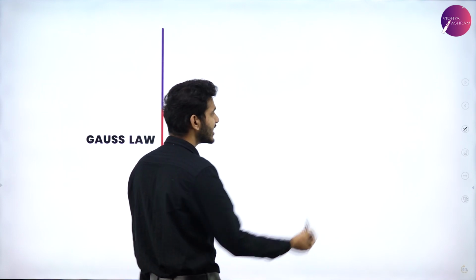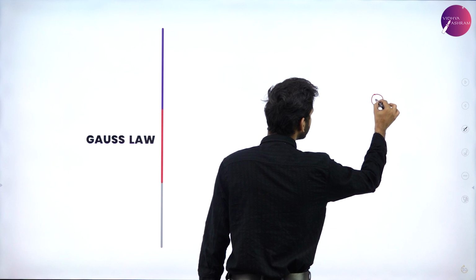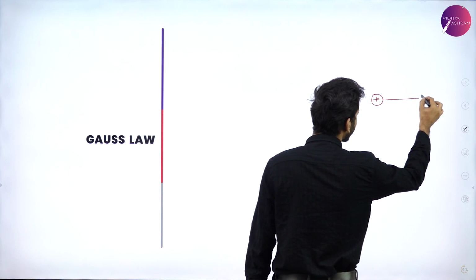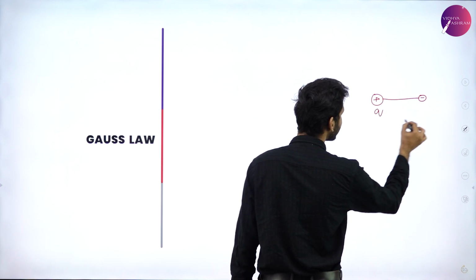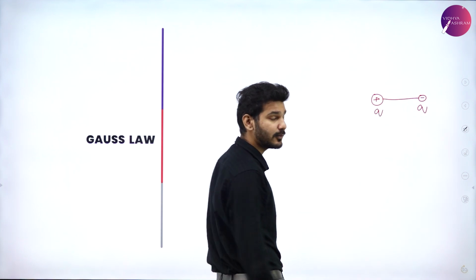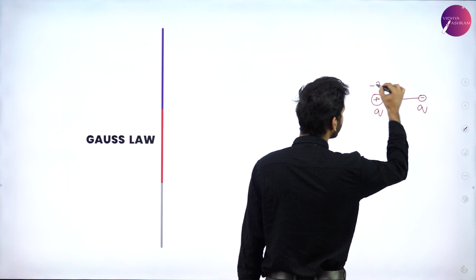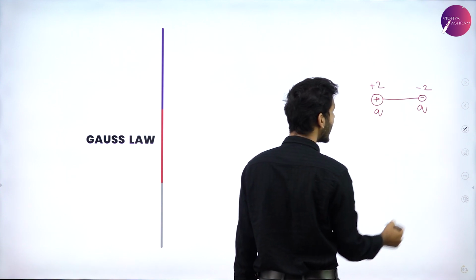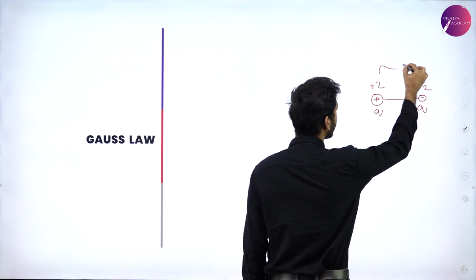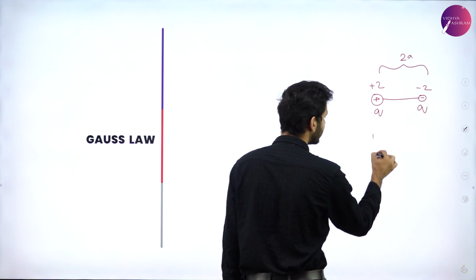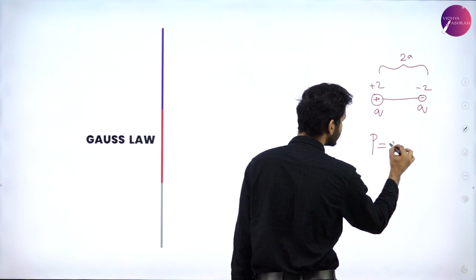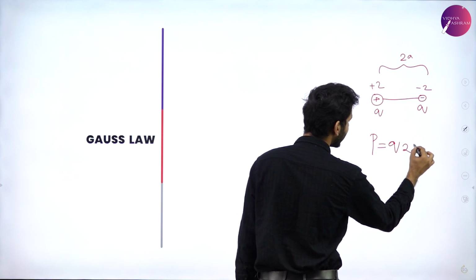We know that a dipole is nothing but two charges which are equal in magnitude but opposite in polarity. That is, one will be positive and one will be negative, but they will both have the same amount of charge, and they will be separated by a distance of 2a. The dipole moment of that dipole is given by P equals Q into 2a.